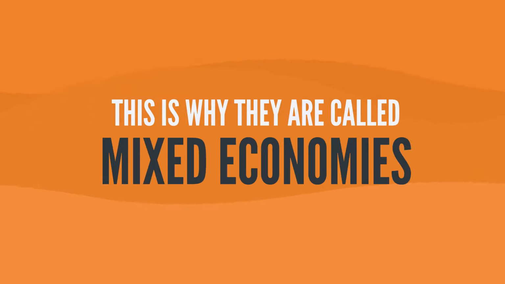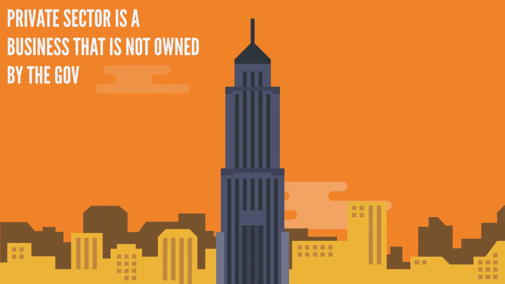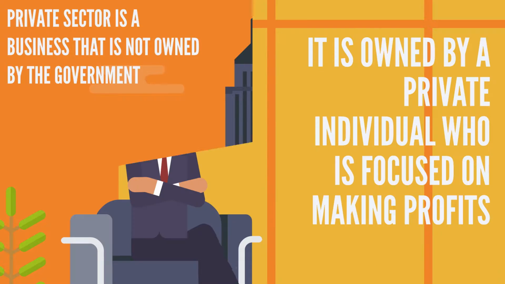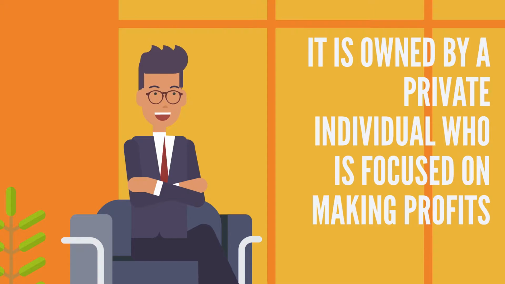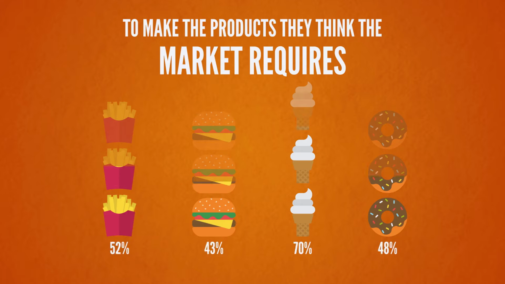And that is why they are called mixed economies. Private sector is a business not owned by the government. It's owned by private individuals who are primarily focused on making profit, and for that they set their own prices and make the products they think the market requires.